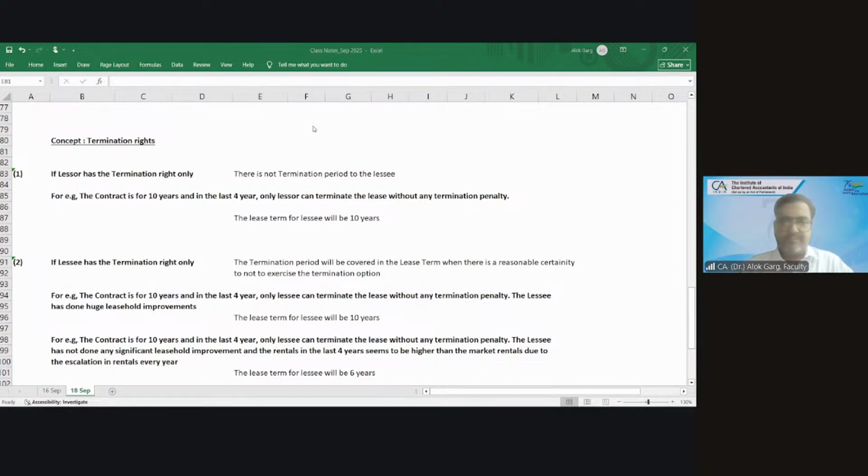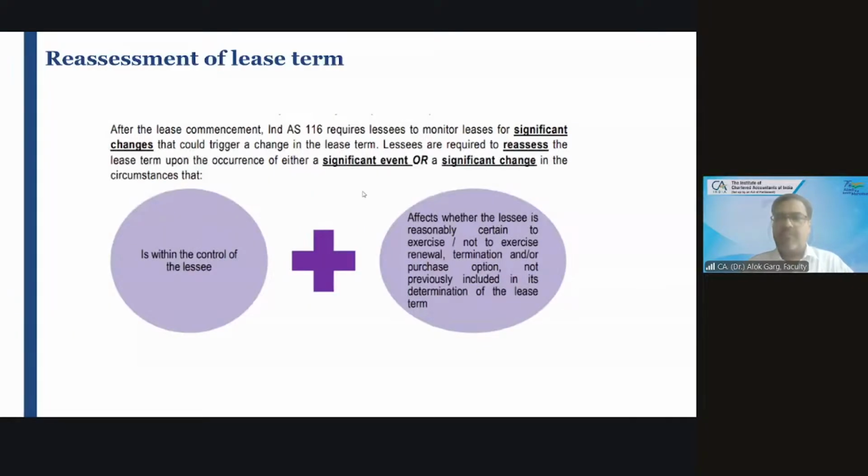Sir, in the last case, if there is a penalty and also the lessee has done the leasehold improvement, in that case, sir, both parties have the right. See, basically enforceable rights should not be there, right?